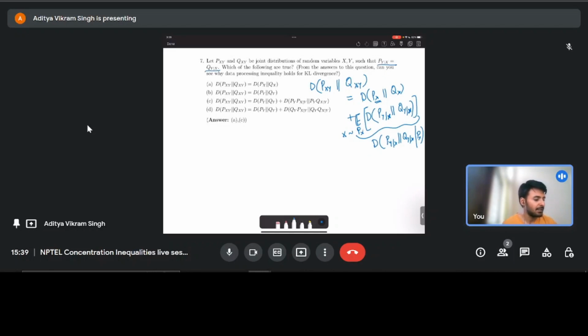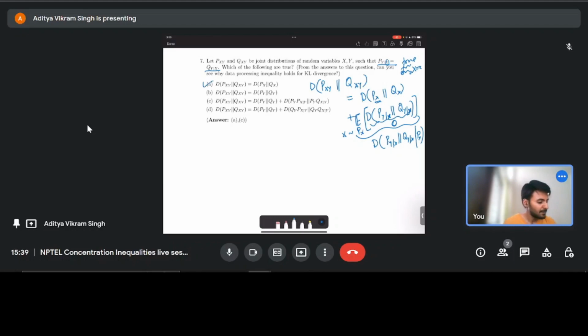This equality is given, and what this means is that it is true for every small x. For every small x, P of y given small x is a distribution, Q of y given small x is a distribution, and they are equal for every x. So this term inside is 0 for every x, and so the expected value will also be 0.